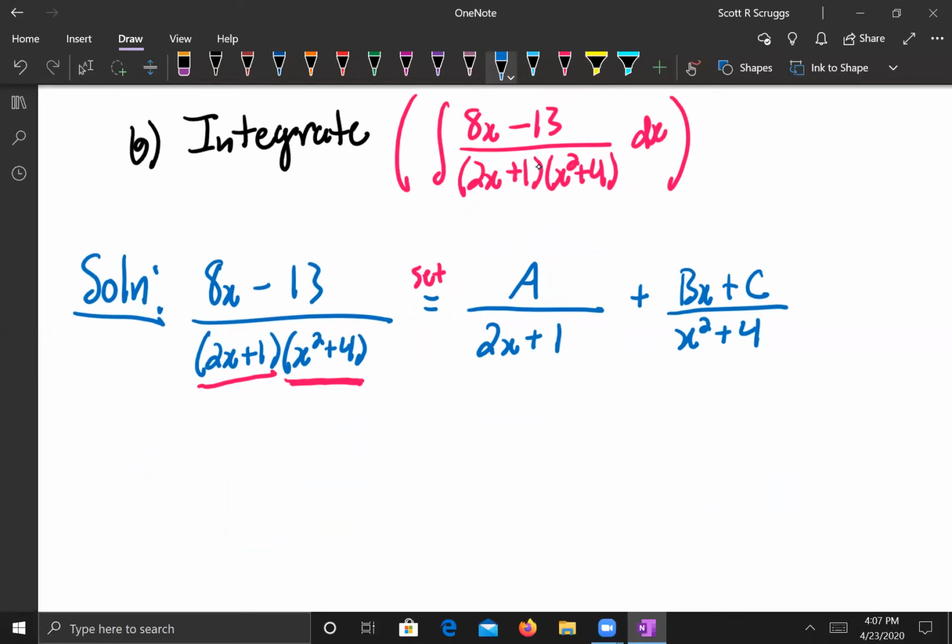So to first see how we can set up the equation, on the right-hand side, I'm going to combine these two rational functions together as one to make it more clear what I'm going to set equal.